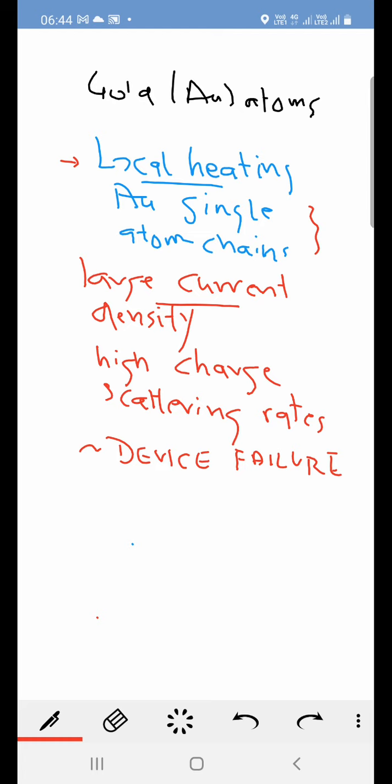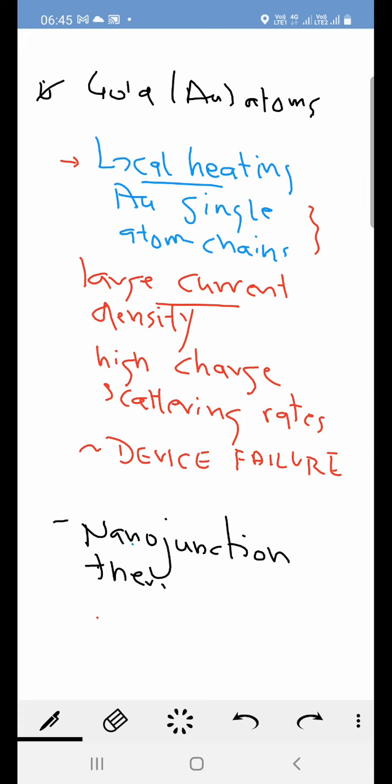Now, what we are focusing on mainly is the nanojunction thermal conductivity. This is our main focus.